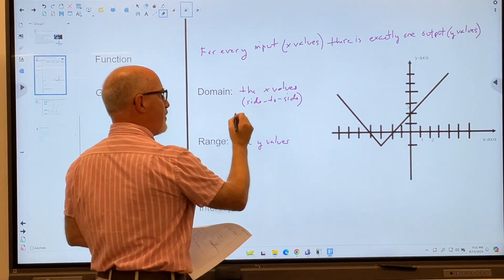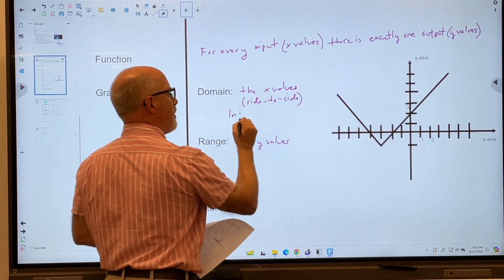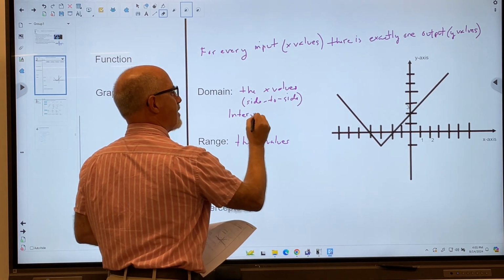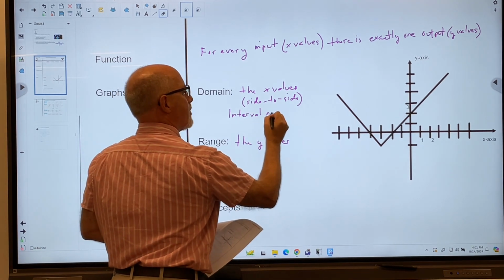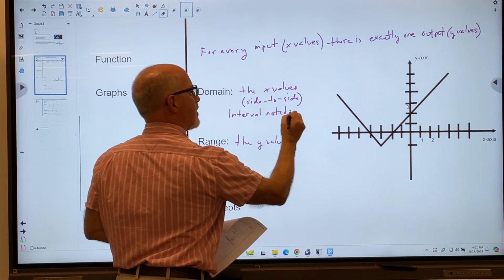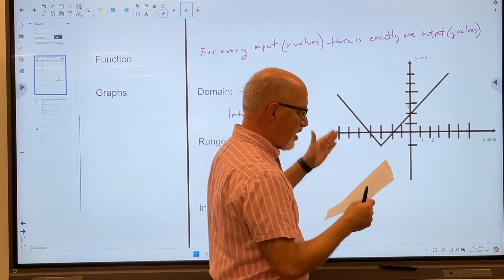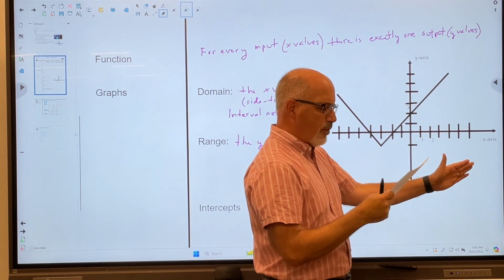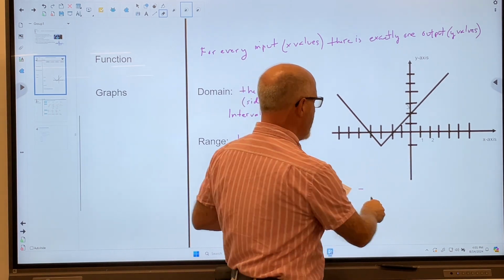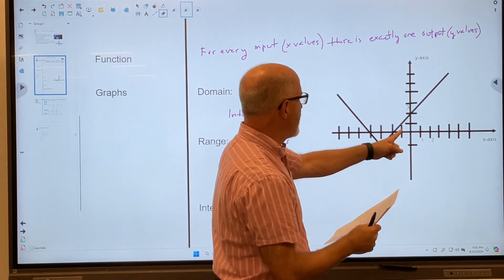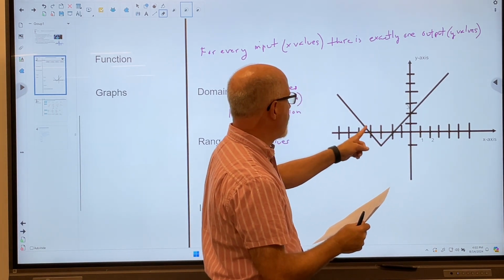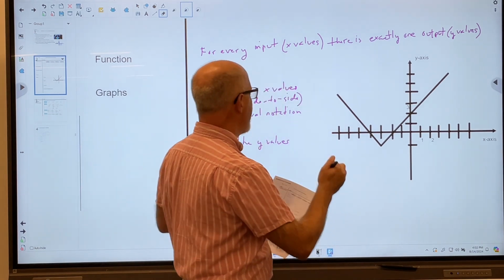So the interval notation for this domain, where does this graph start? Where does it end with the x values? So when we look at that, the x values here start at 1, 2, 3, 4, 5, 6, negative 7.